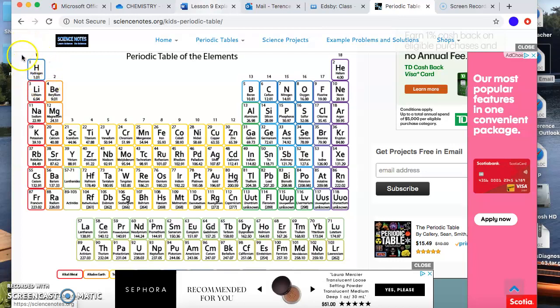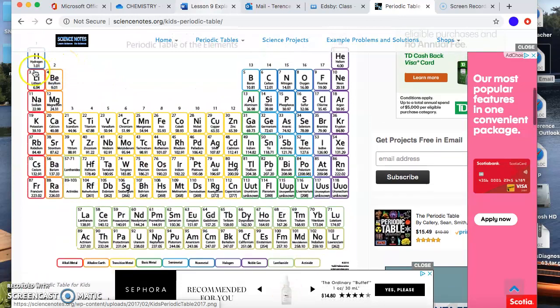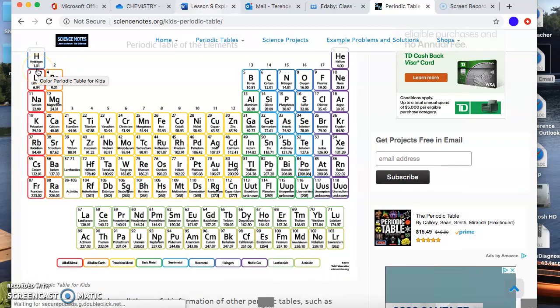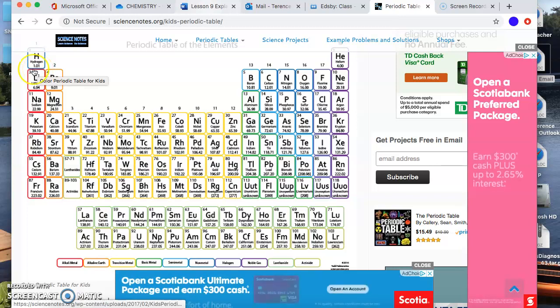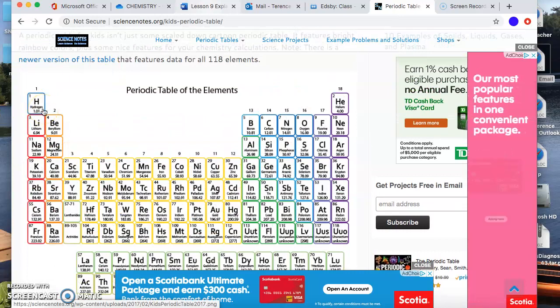So when I look at hydrogen here, I can see that it has 1 proton, but it also has a rounded weight. Rounded, it has a weight of 1.01, so we would just round that back to 1. You round it to the nearest whole number. That tells me that hydrogen has no neutrons. It only has the 1 proton, which accounts for the 1 weight.